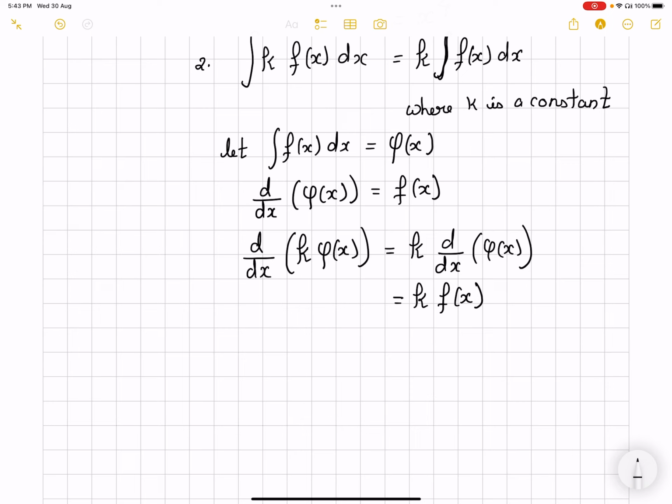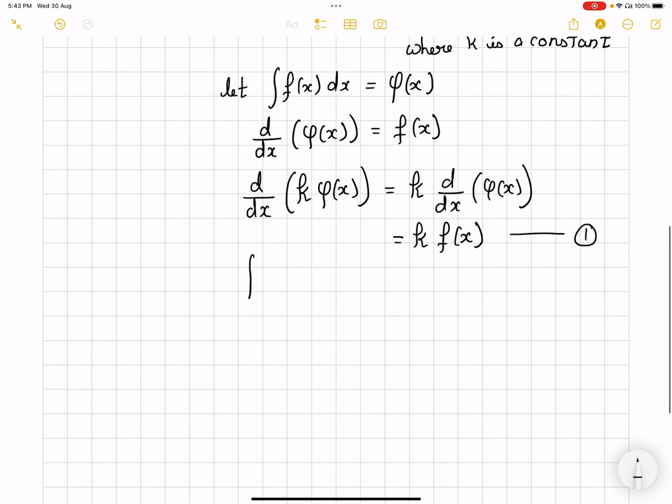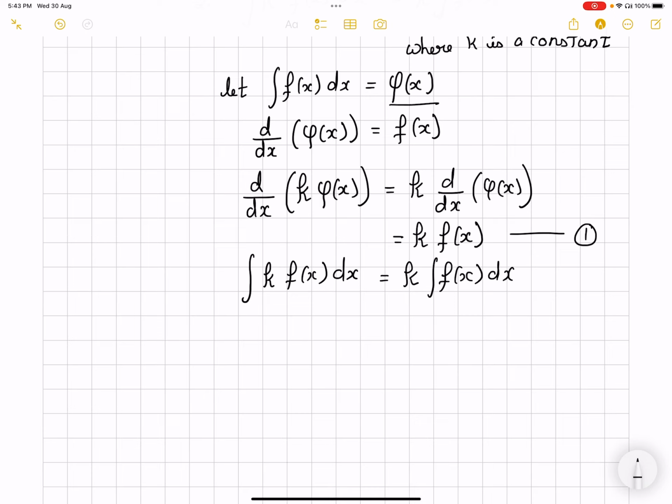I got it? Now let us mark it as 1 and I'm going to keep it as it is. Now I'm going for integration of k times f of x dx. As usual, I'm going to take k out, then you have integral f of x dx. What is your integral f of x dx? In the very beginning, it is nothing but phi of x.